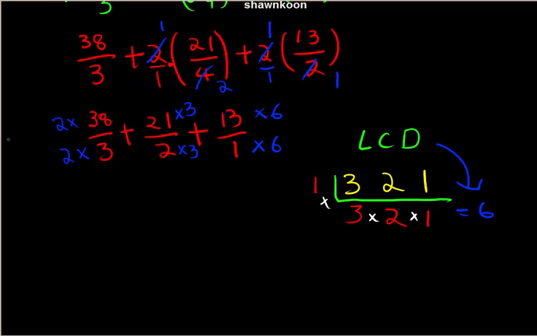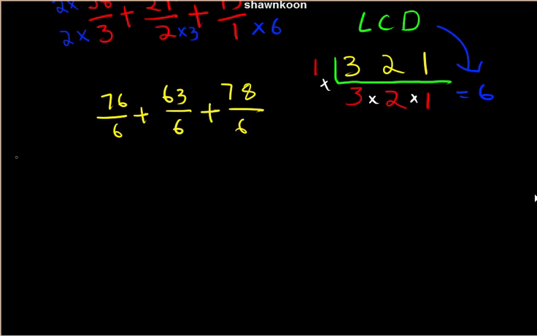And if we do that, we get what? 76 over 6 plus 63 over 6 plus 78 over 6. Okay, so now I can add all those. What's 76 plus 63 first?